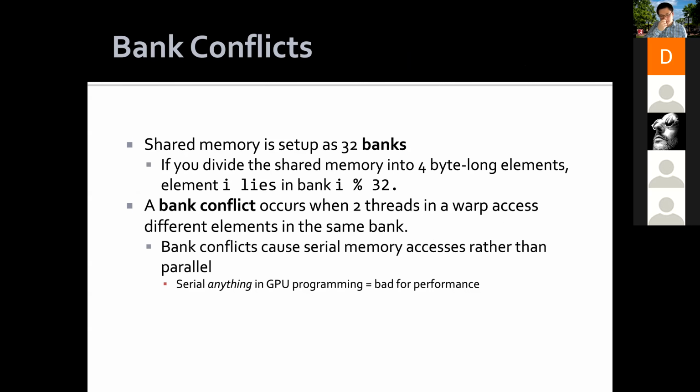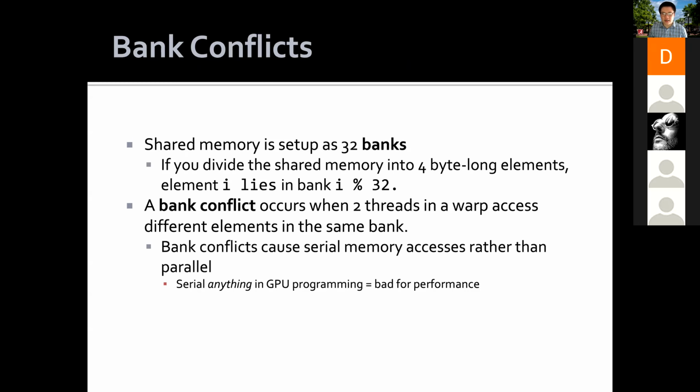So the final thing for the shared memory is similar to the memory coalescing problem in global memory. For the shared memory, we don't have a memory coalescing problem, but we have a similar alignment problem. We call it bank conflicts. Shared memory is set up as 32 banks.